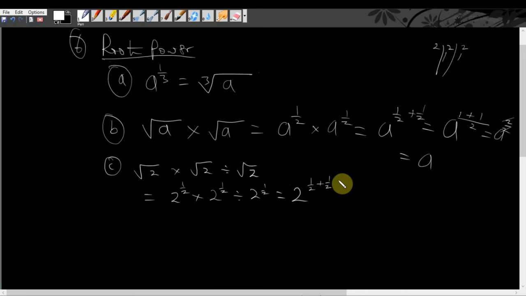Then for the division it is minus 1 over 2. The LCM is 2. The positive comes down, 1 again, and this one is negative 1. 1 plus 1 is 2, minus 1 again is 1. Then 2 is for 1 over 2. This becomes your answer.